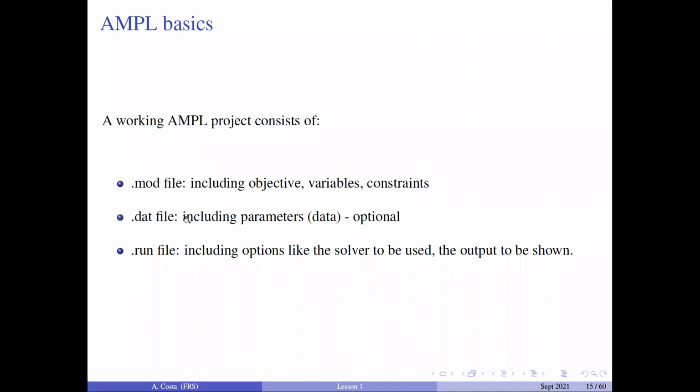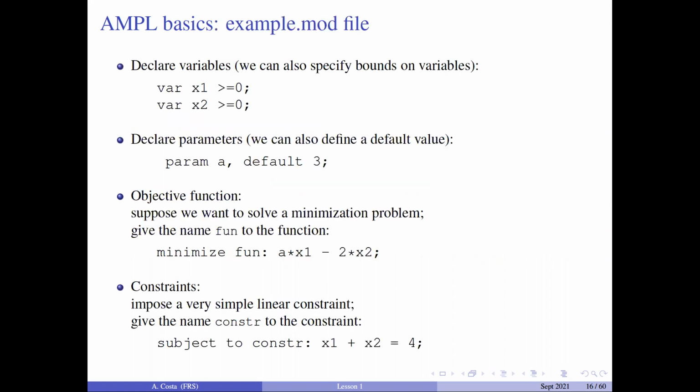So you create the model one time, and then when you want to change data, you just change this file rather than replicating the same model every time. So that's why you also have the option of a separate data file. But we will be using both of them, so you will experience both ways. Okay, let's start with the stuff now.